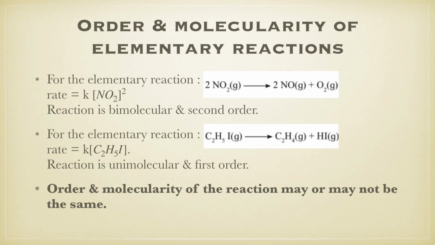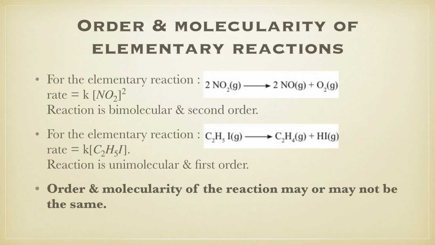The molecularity can be calculated by using the reaction. How many reactant molecules are involved in this reaction? Only 1. Therefore it is said to be a unimolecular reaction. At the end we can say that this reaction is unimolecular and first order. So always remember, order and molecularity of the reaction may or may not be the same.